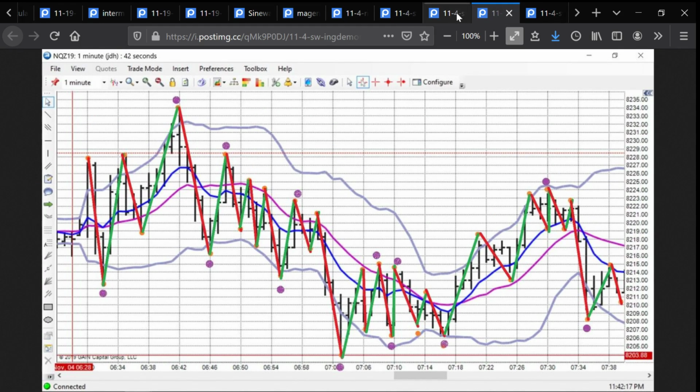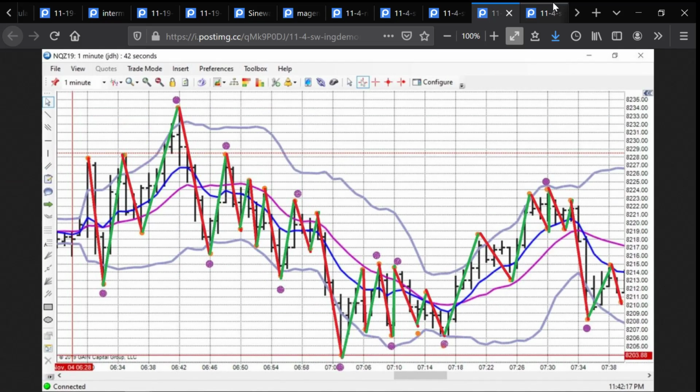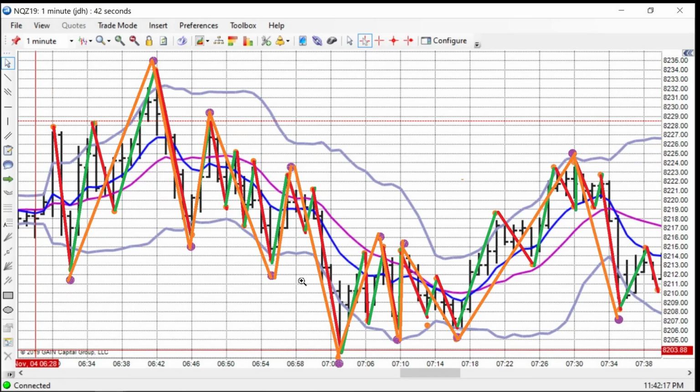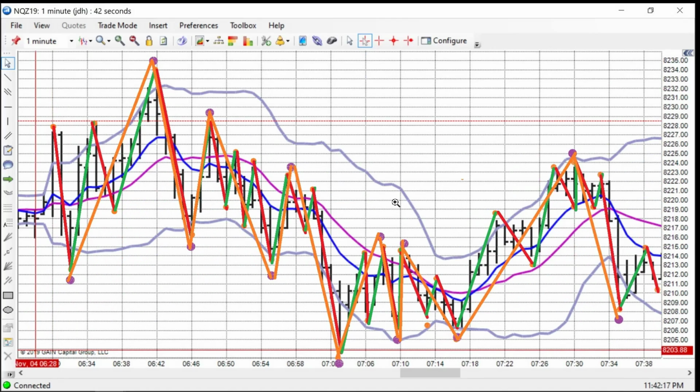And so on top of these minor swings, I drew the intermediate swing lines, and then I connected those, and I get a really busy chart. And so this is just, again, being aware of where the intermediate swings are occurring keeps you trading on the right side of the market, because you want to trade the minor swings that are going in the same direction as the intermediate action swings.